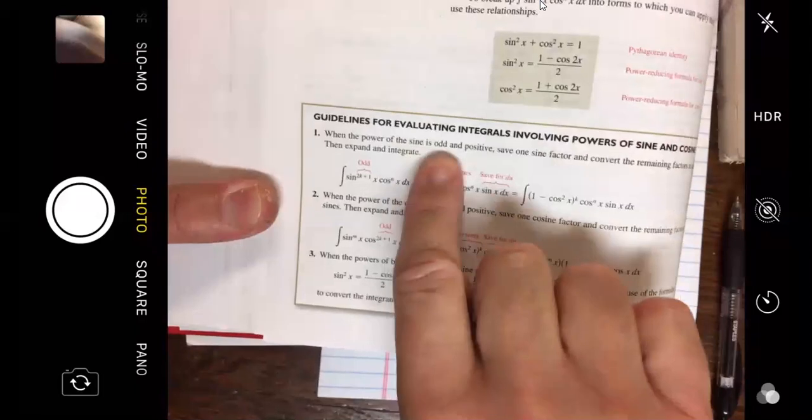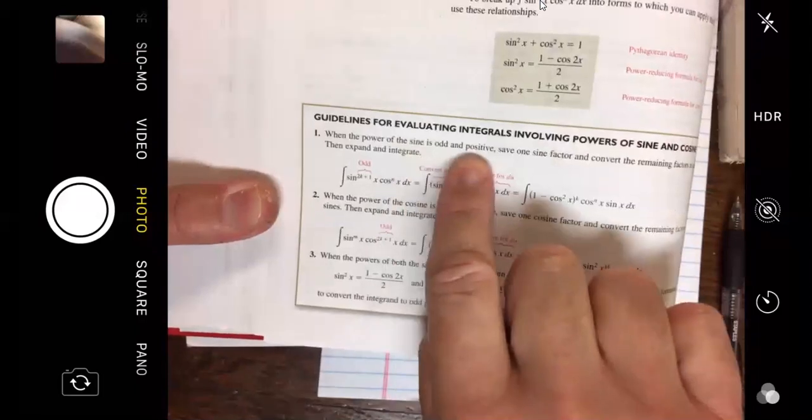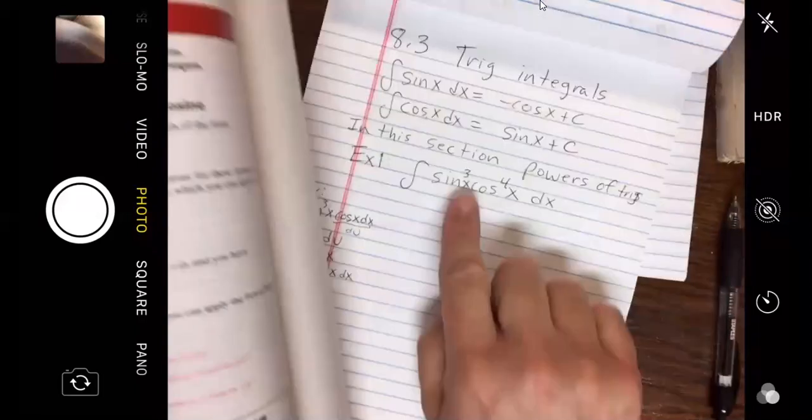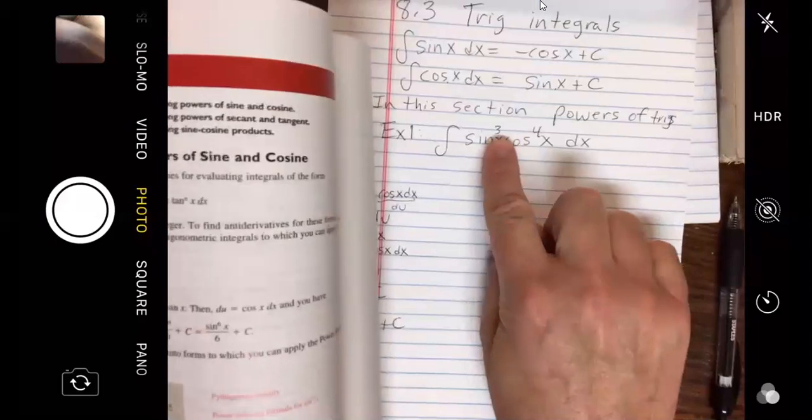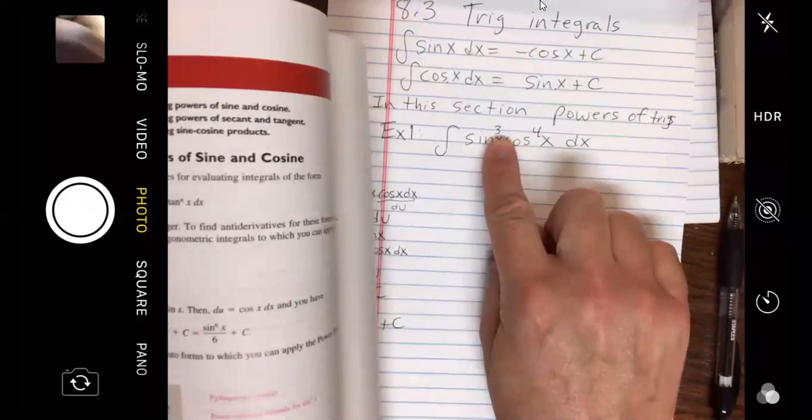All right, look at guideline 1. Power of sine odd and positive. See how that fits here? Your power of sine is odd, it's 3, and it's positive. All right, so what they're saying to do, I can get the book clear again.